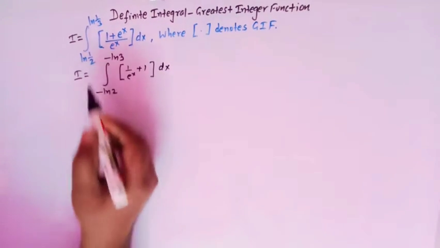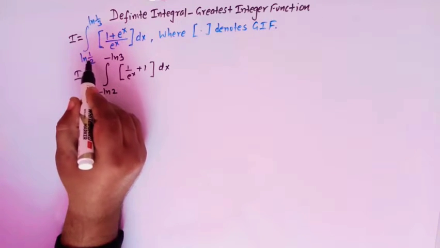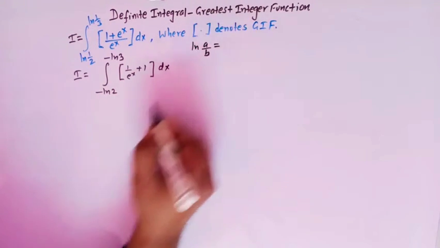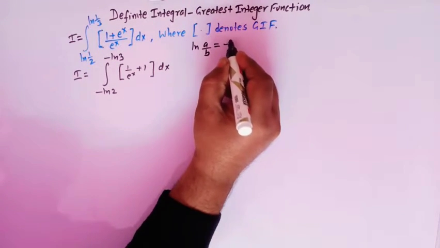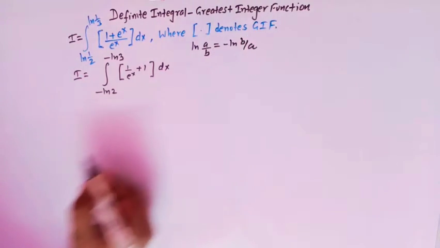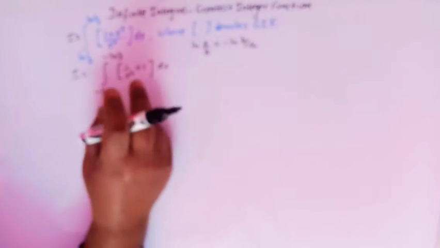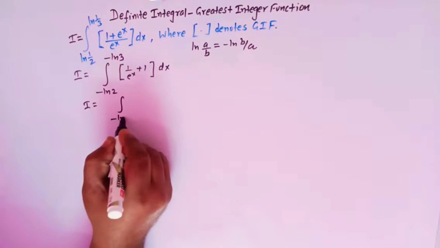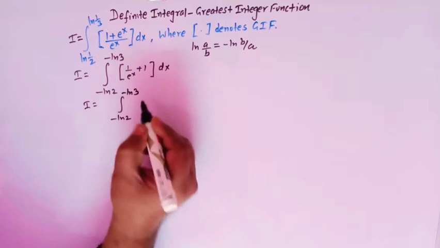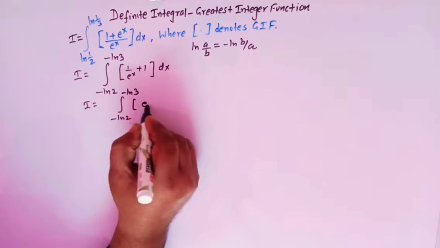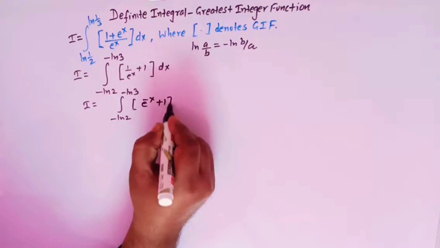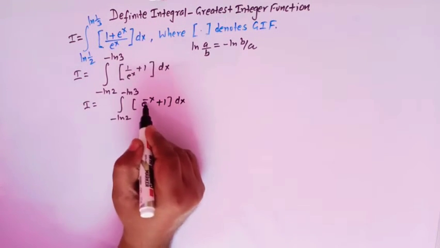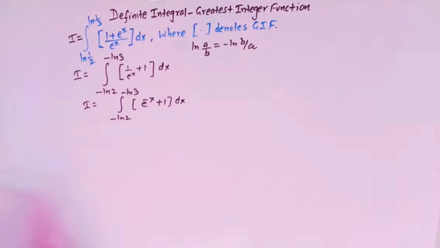Here we have used the fact that log of a over b is equal to negative of log of b over a. Now we can also write this integral as the integral from minus log 2 to minus log 3 of the greatest integer of e raised to minus x plus 1. We can take e raised to x to the numerator, and the power is negative x.